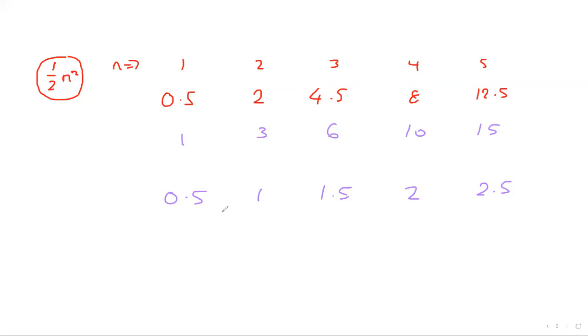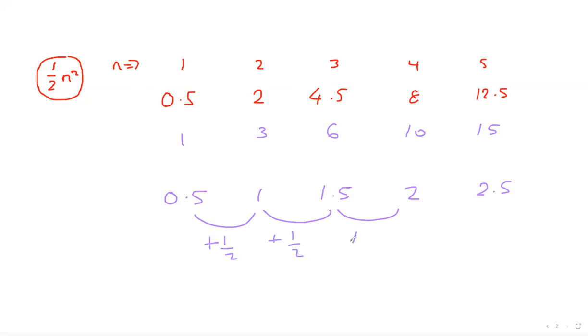So we've had to generate a total of 2 sequences, one at the top here and this new purple one at the bottom. Now we want to find the common difference in this sequence. 0.5 to 1, that's plus a half. 1 to 1.5, again plus a half.